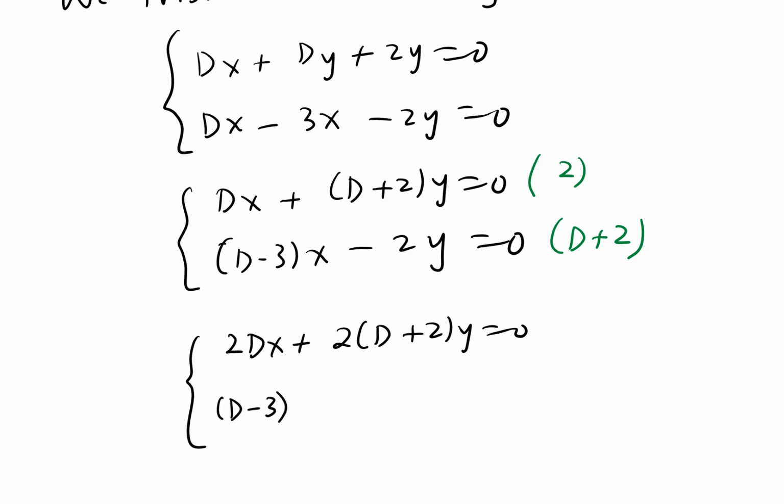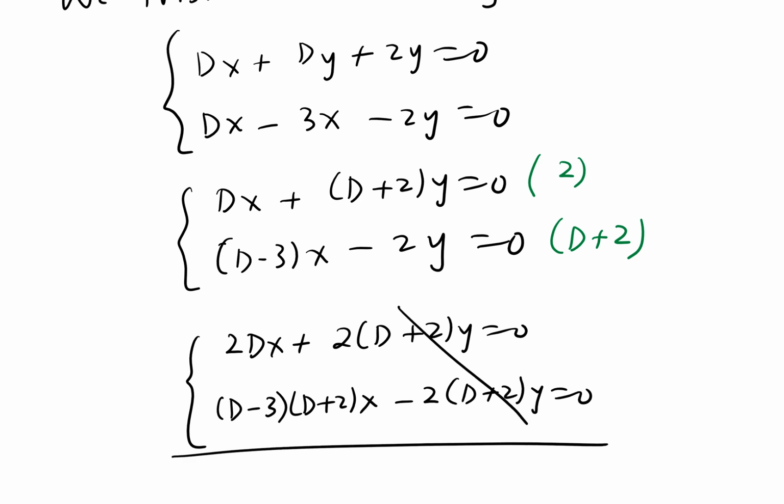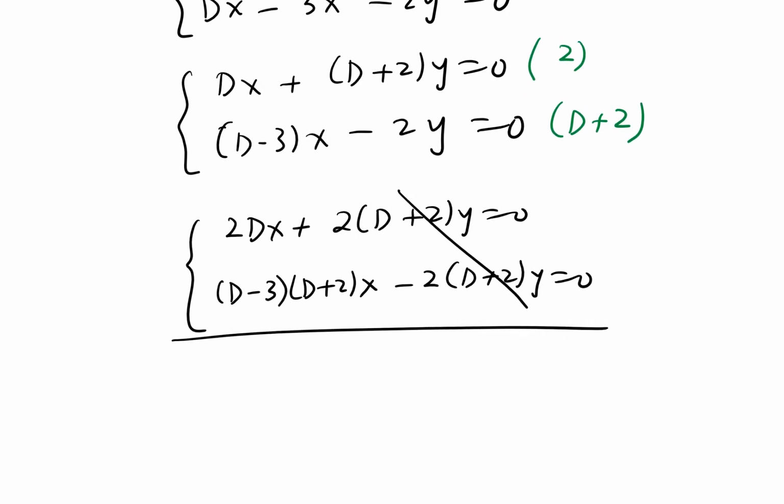And the second becomes (D minus 3)(D plus 2)x minus 2(D plus 2)y equals 0. Add them up, and the y terms cancel out. We get 2Dx plus (D minus 3)(D plus 2)x equals 0.